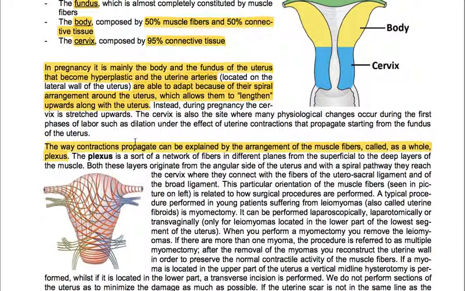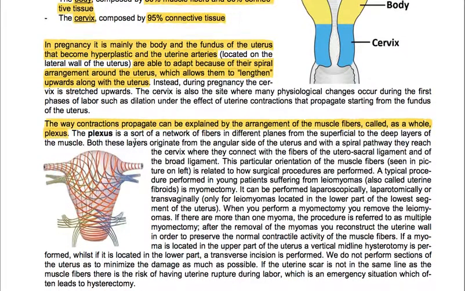It is a sort of network of fibers in different planes, from the superficial to the deep layers of the muscle, and both the superficial and deep layers originate from the angular side of the uterus, and with a spiral pathway they reach the cervix, where they connect with the fibers of the uterosacral ligament and of the broad ligament.